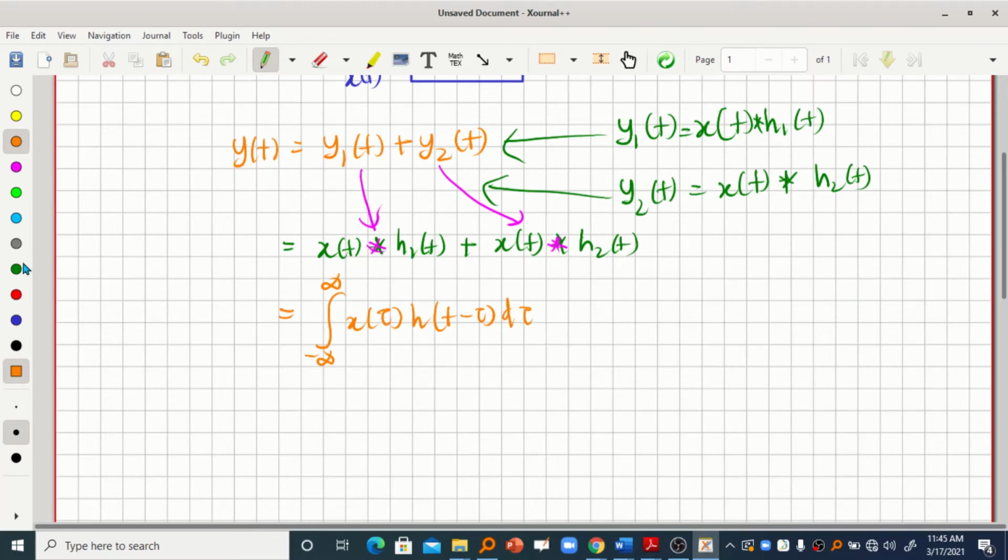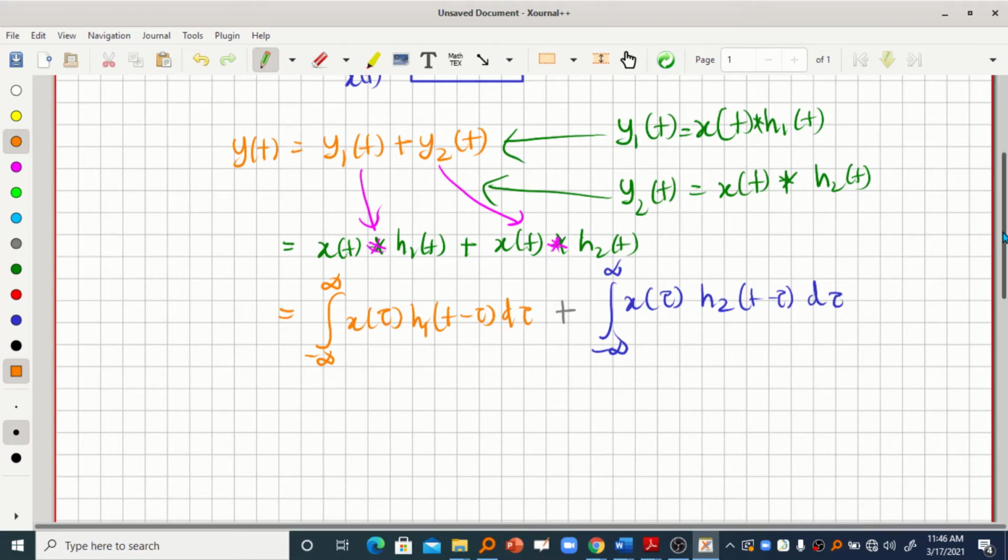So this is the first one. Plus, what is the second one? The second one is the integral from minus infinity to plus infinity of x of tau times h2 of t minus tau d tau, right? Here it is h1 of tau, I forgot to write it. Actually it is h1 of t minus tau, right?